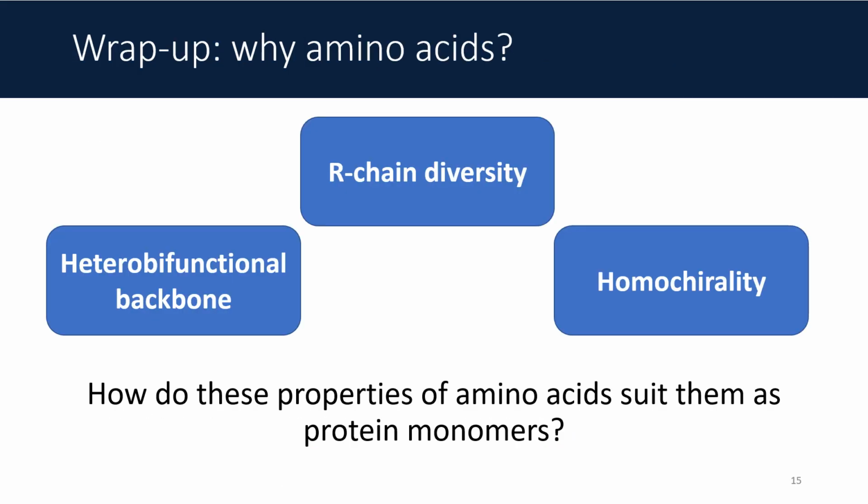We covered a lot of ground in this introduction to amino acids. The question still persists, why has nature selected them to be the monomers of proteins? If we were to condense the information we've covered into 3 points, we could perhaps argue that an amino acid's 3 critical properties are: 1, their heterobifunctional backbone, which is to say their presence of N and C termini.